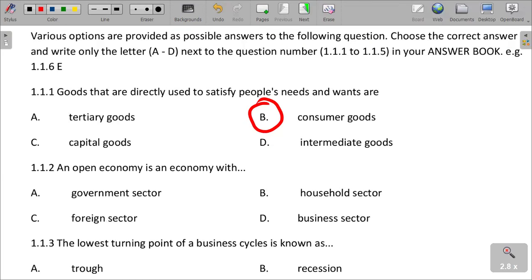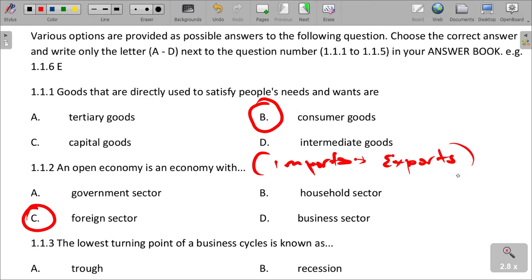An open economy is an economy with the foreign sector. An economy is called open because we do have the operations of a foreign sector, which ensures that there are imports and exports.